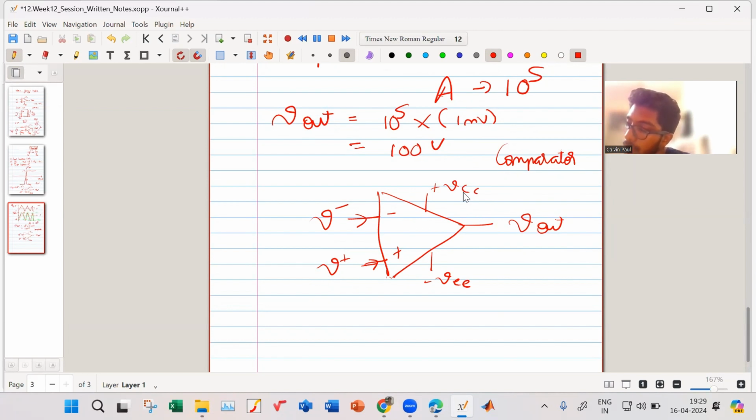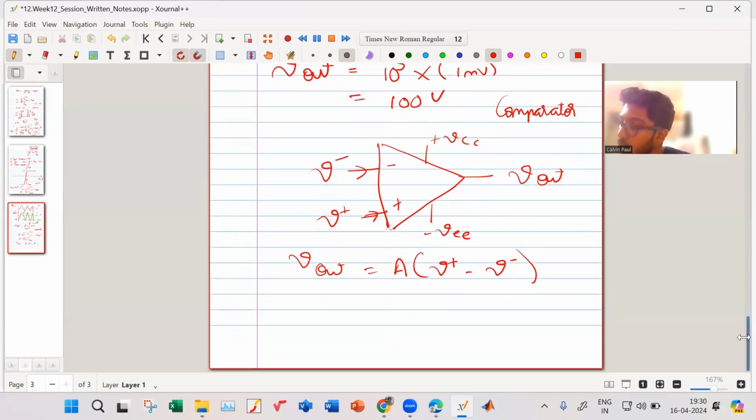Now, we also know that your V output is given by A into (V plus minus V minus). Assume my gain A is 10 to the power 5, and the output voltage which I am measuring is 1 volt.